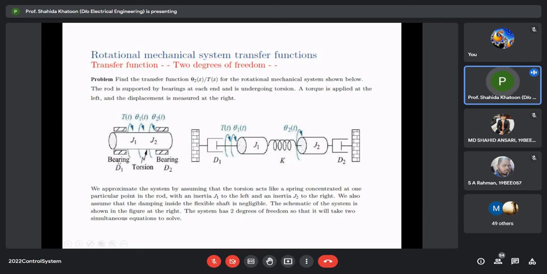There is a bearing at this point with coefficient of viscous friction equal to D1, and the coefficient of viscous friction at this point is D2, or torsional constant. All right, so draw this diagram.